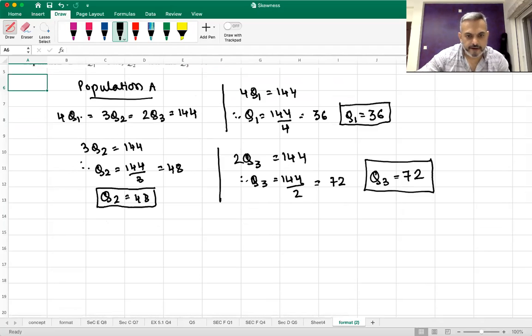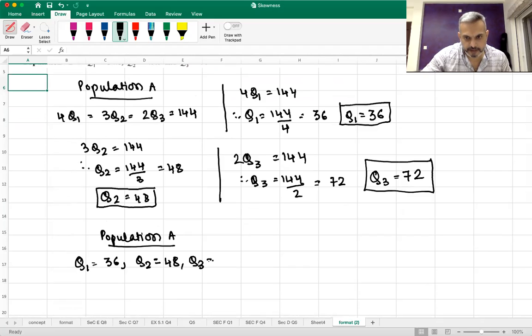So once again, I'll write down the data. Population A, Q1 is equal to 36, Q2 is equal to 48, and Q3 is equal to 72.